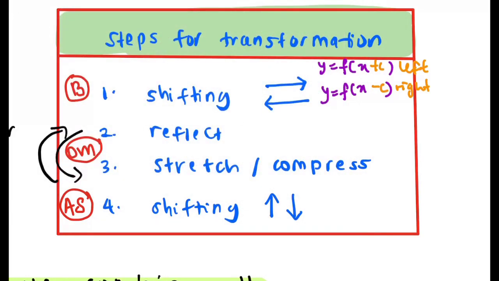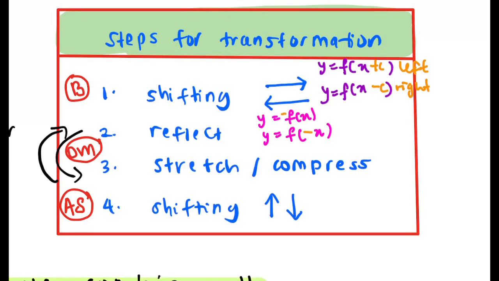Next, you need to check whether the graph has a reflection or not. What you need to check is whether you have minus outside of your function or minus inside of your function.